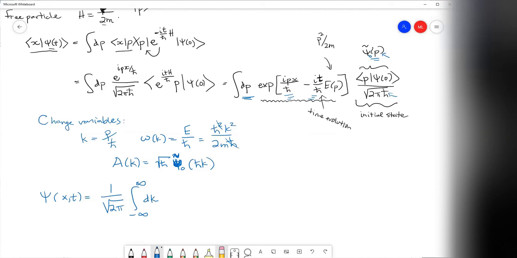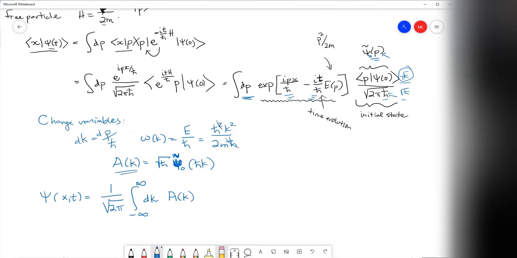If you multiply by square root of H bar up here and square root of H bar over here, then this just becomes H bar, so you get dp over H bar, which is just dk. So you get a square root of H bar in the numerator, and that's what you call the amplitude, A of k.